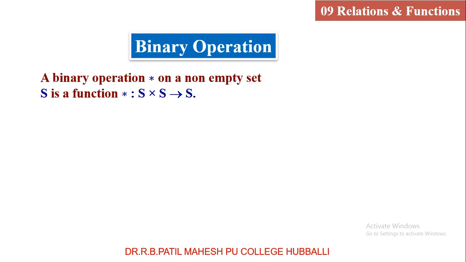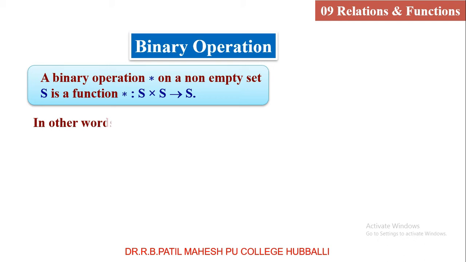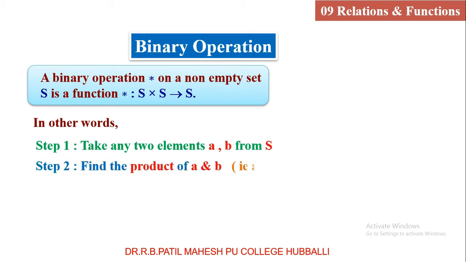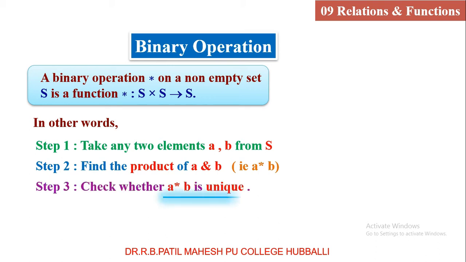In other words, we will take this stepwise. Step 1, take any two elements A, B from the set S. Step 2, find the product of A and B. Product means you find out A star B. Star is any operation, either addition, subtraction, multiplication, division, any operation between A and B. Step 3, check whether A star B is unique or not.